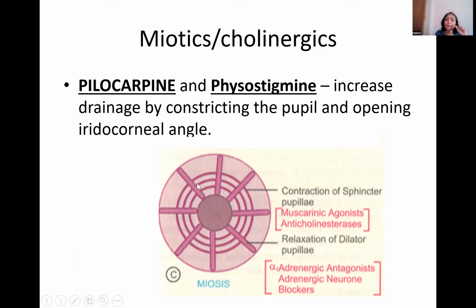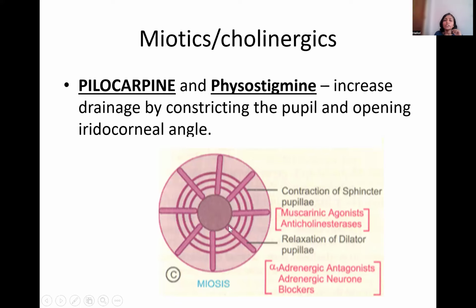So when the M3 receptors are activated by acetylcholine, because pilocarpine is given, it is a cholinergic drug. Then physostigmine will inhibit breakdown of acetylcholine. So they will act on the M3 receptors. When the M3 receptors are stimulated, the muscles will contract towards the center, thereby the pupil size will decrease, or there will be pupillary constriction.